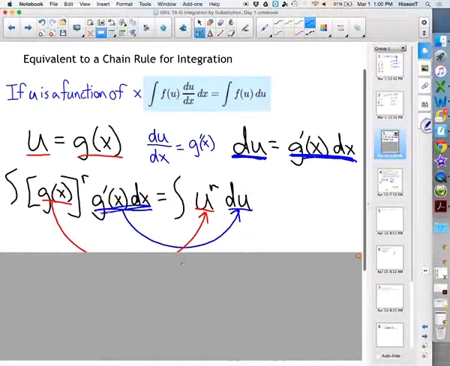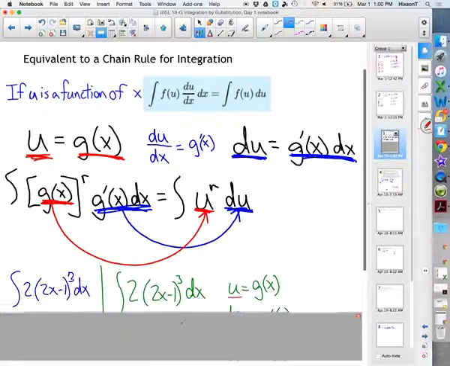Well, there's g prime of x dx, so I replace it with du. Okay? Since I'm letting u equal g of x, I can replace this g of x with a u, and now I can use my power rule. Okay?